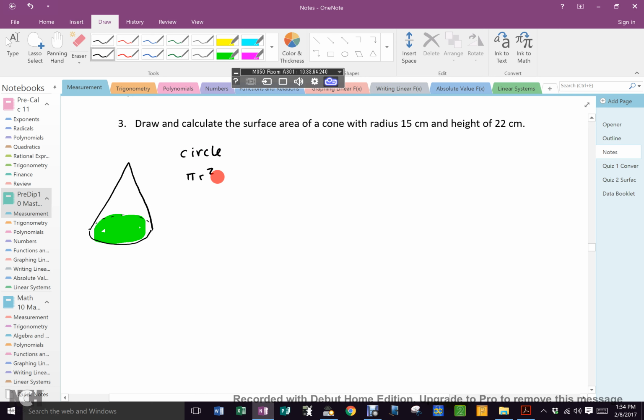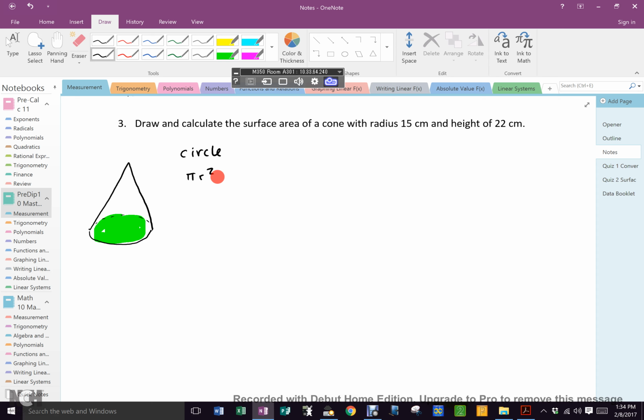But there's more to a cone, isn't there? The rest of a cone is this. A quarter of a circle that is rolled together.